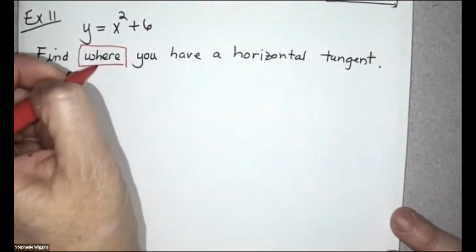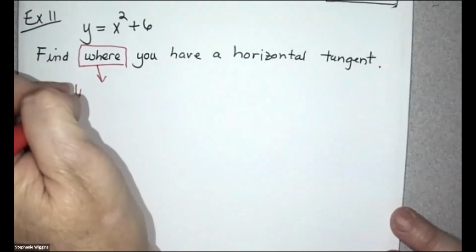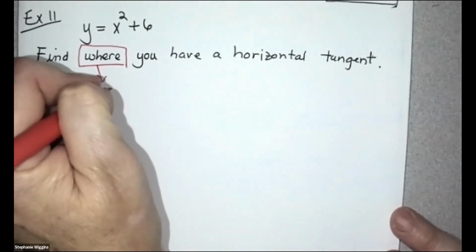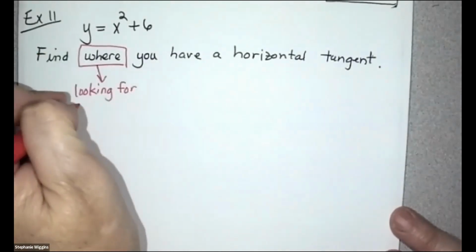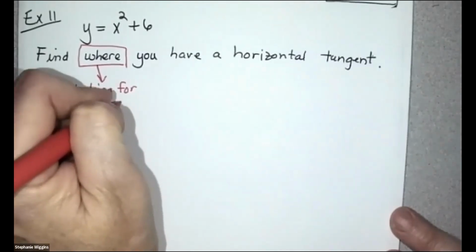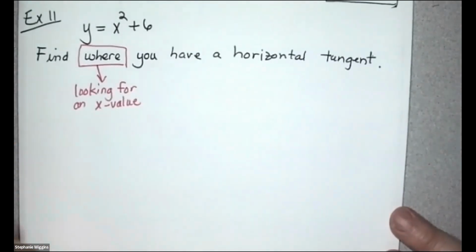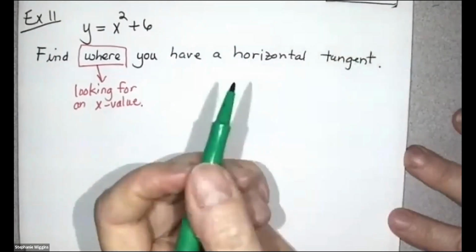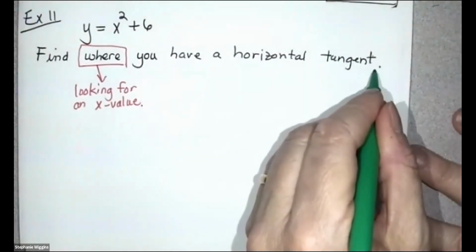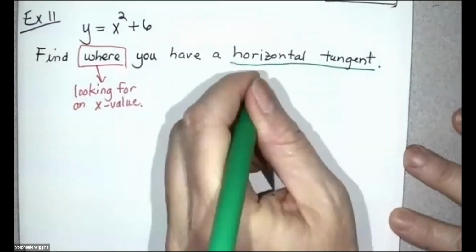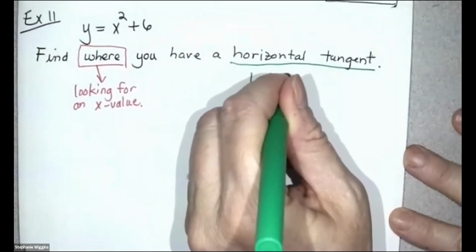So this is your clue that you're looking for an x value. The second hint is, when it says horizontal tangent, this is telling you you're looking for a horizontal line.